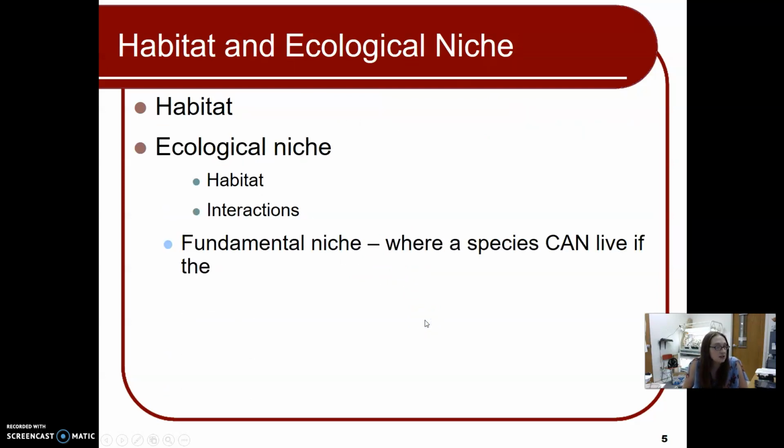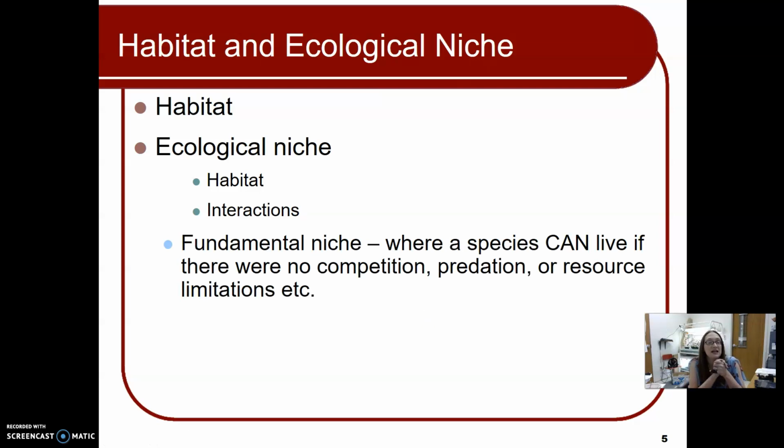Couple more definitions. Habitat. Habitat is the area where an organism lives and reproduces. The ecological niche is the role a species plays in its community, and that includes its habitat, where it lives, and its interaction with other organisms.